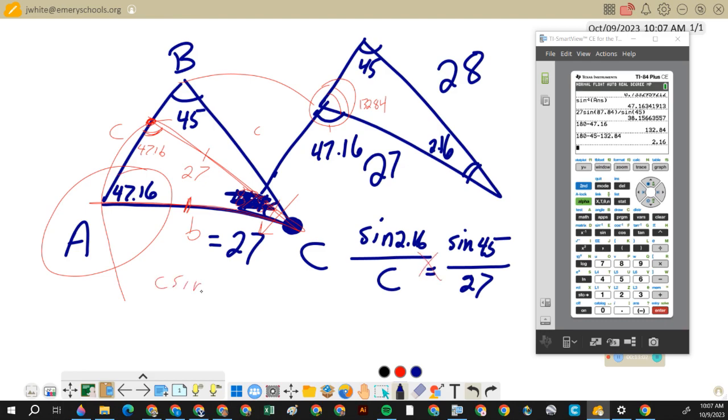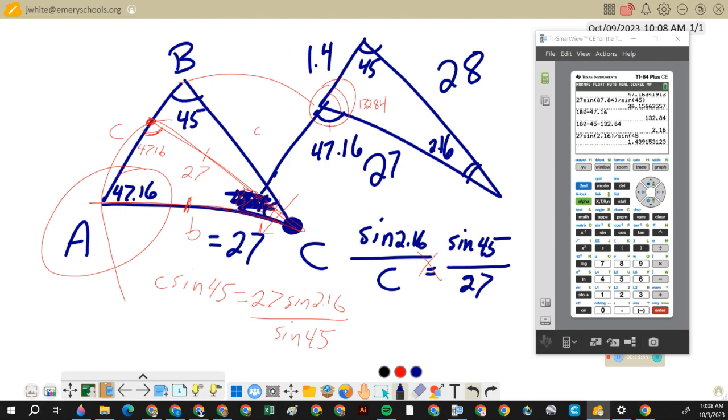C sine 45 equals 27 sine of 2.16, divide by the sine of 45. So 27 sine of 2.16 divided by the sine of 45, and this is 1.4. All right.